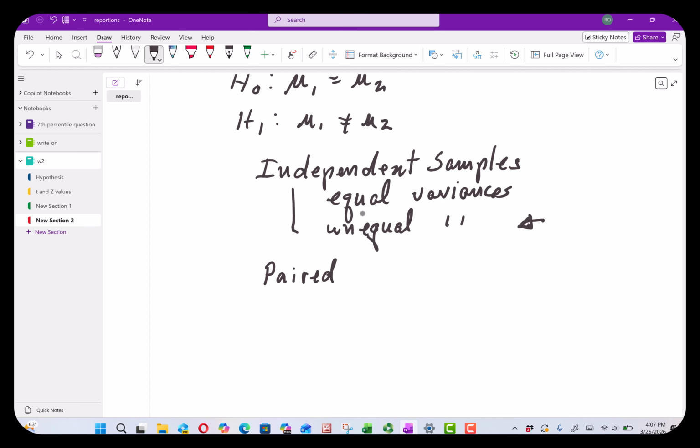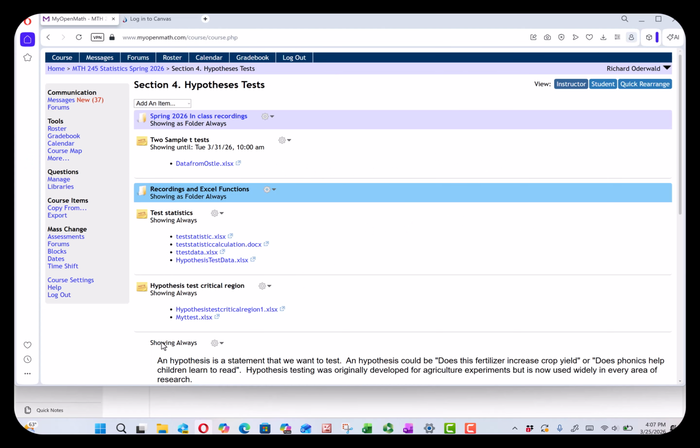For this, we're going to need data from MyOpenMath. And in here, this is the data from OSCIL. This is an old text that has some problems in it. I'm going to download that and open it.